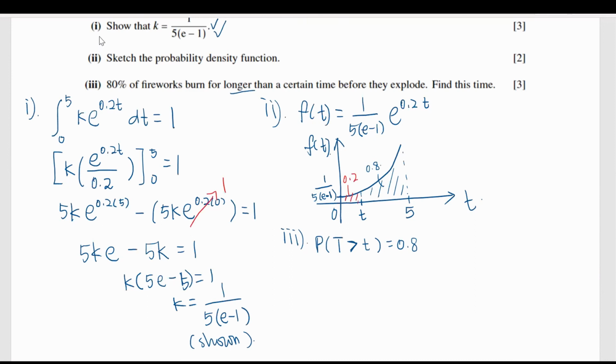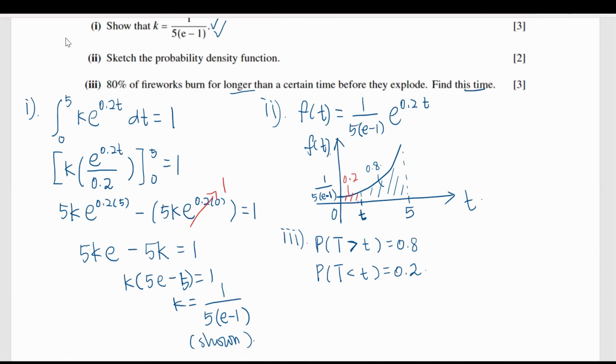Okay. So instead of using t greater than small letter t, we can also say that the t time less than the small letter t is equals to 0.2. Okay. So what are we trying to find? We are trying to find the small letter t value, right?